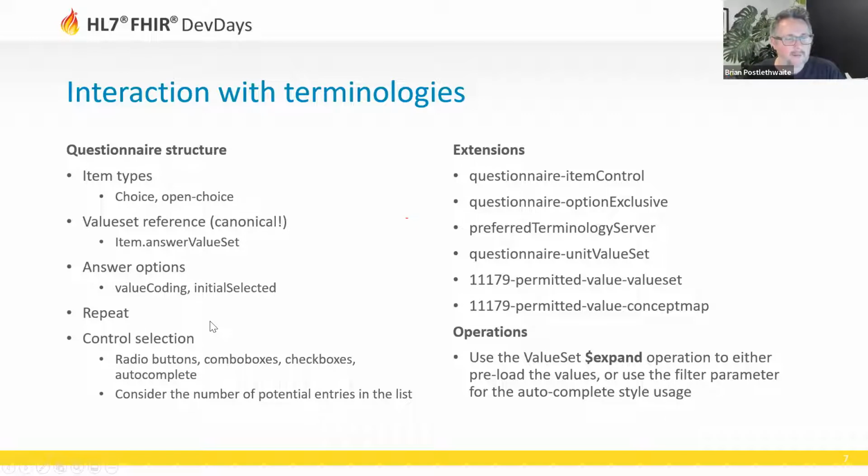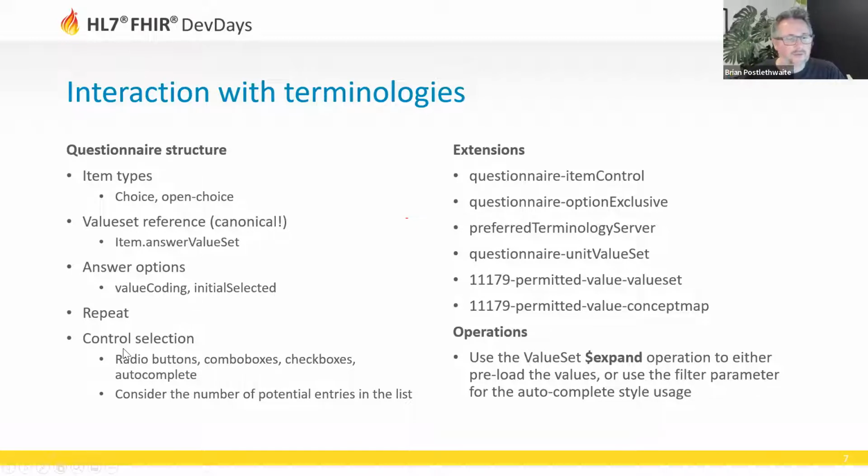And of course, we can have repetitions. So if you wanted to have multi-choice checkboxes, then we don't have multiple items for each of the possible choices. We just create the one item in the questionnaire. We'd say it's bound to this value set, which has got my 4 values, or alternatively list the 4 values in it, and then say this is a repeat so that they can all be included.